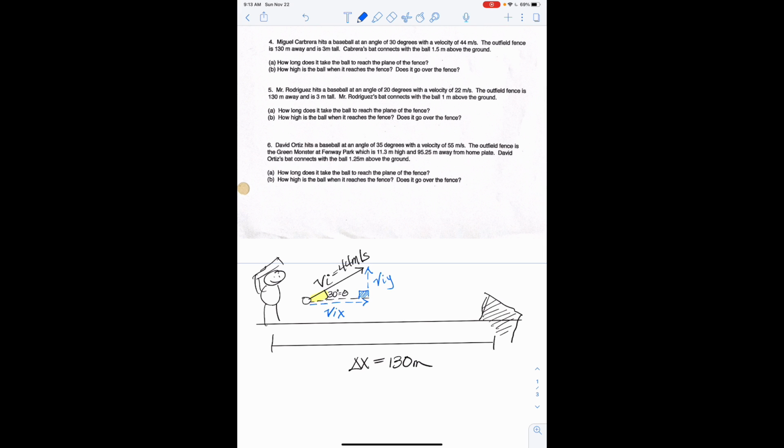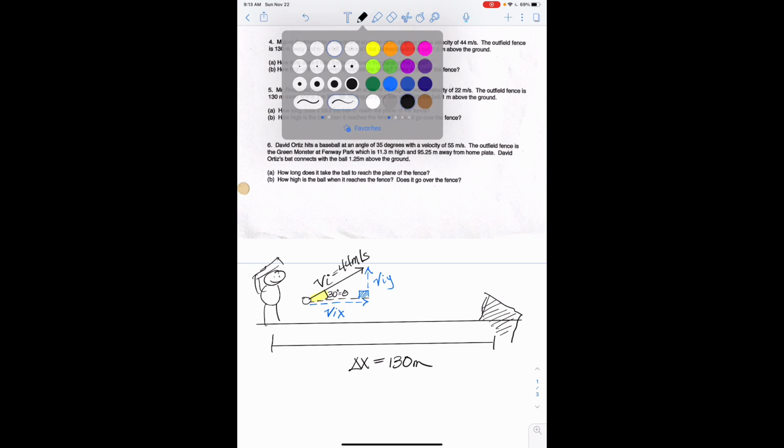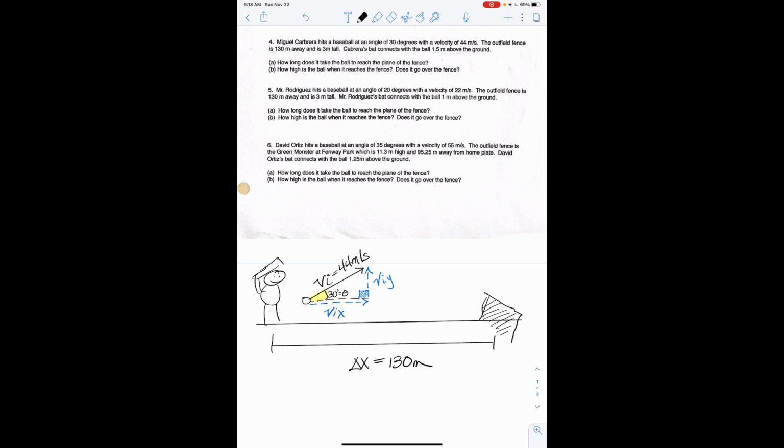What else do we know? We know that Cabrera's bat connects with the ball 1.5 meters above the ground. Now, is this delta y? Not necessarily, right? Delta y is the change in the ball's position in that time period in the y direction.